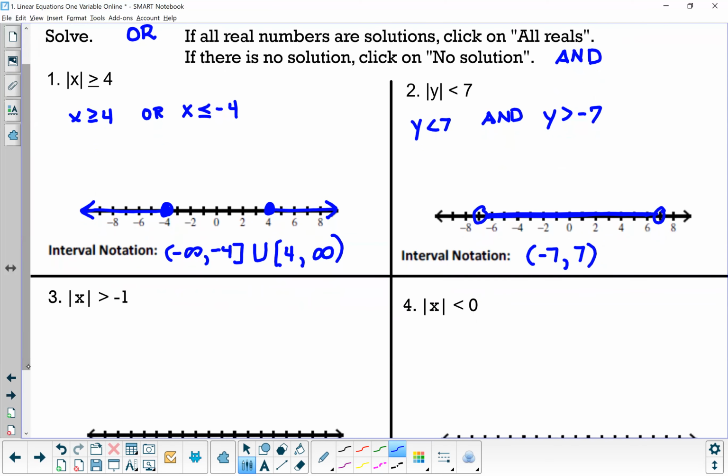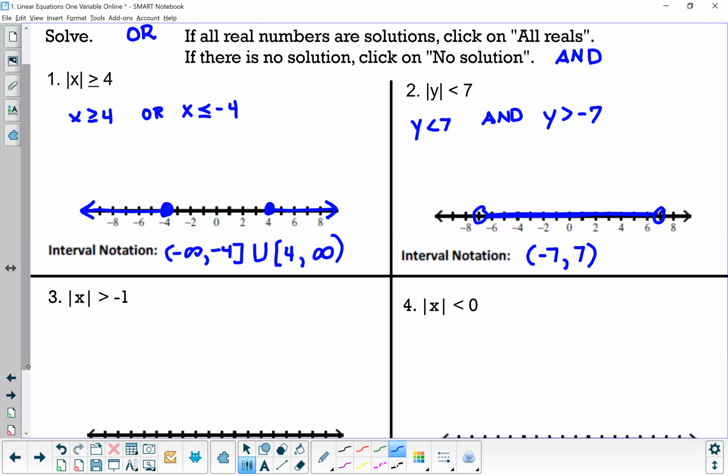So number 3, we have the absolute value of x is greater than -1. Now be careful, because you might think because it's a negative on the other side of the inequality statement, automatically it means no solution. That's for an equation, but when you're dealing with an inequality, you're not saying equal to, you're giving a range of numbers, and it's possible that there could be solutions within that range.